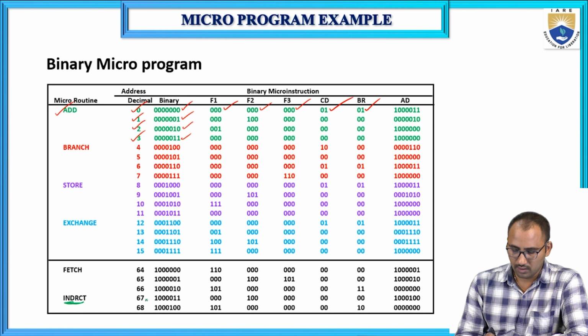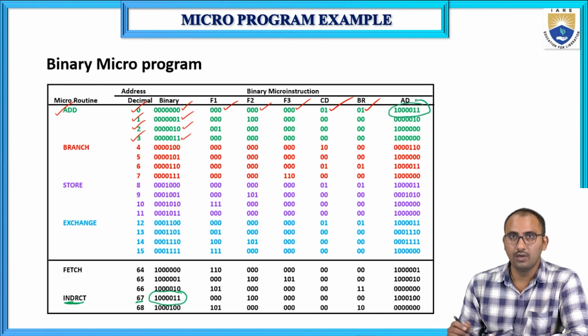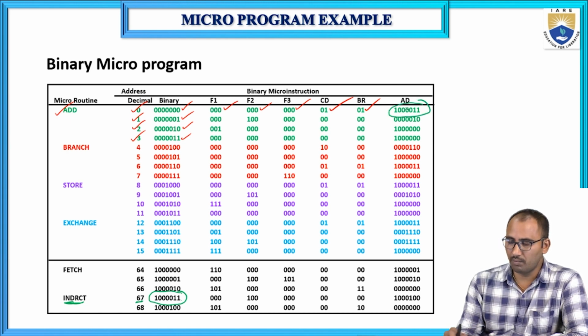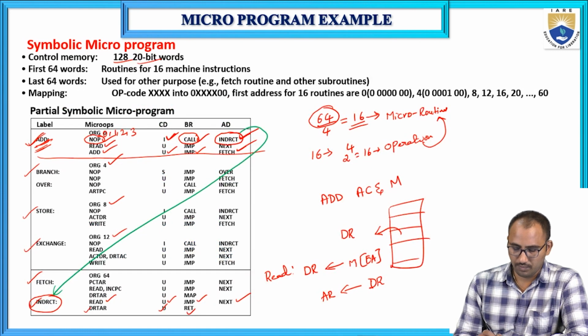This is 67, in binary this one. So that's why this address is specified here. That means whenever this first NOP is executed, it will go to the indirect routine, and then it will execute.